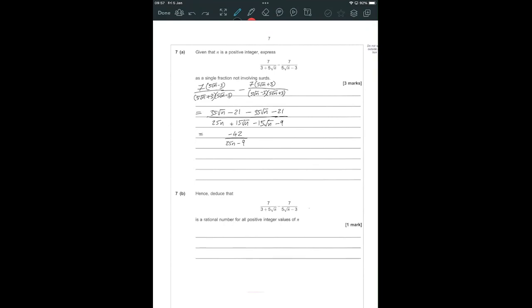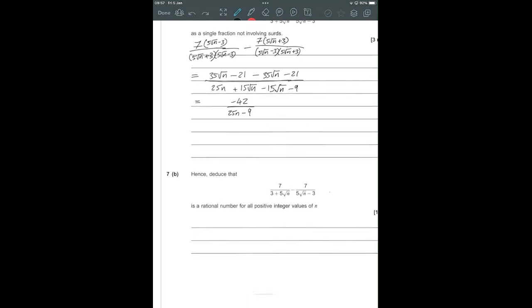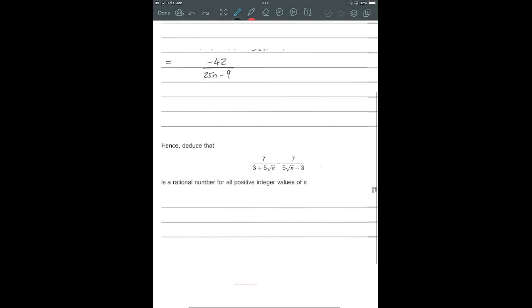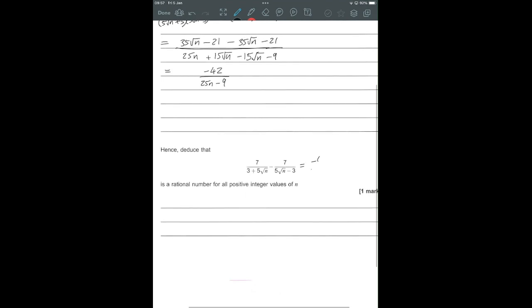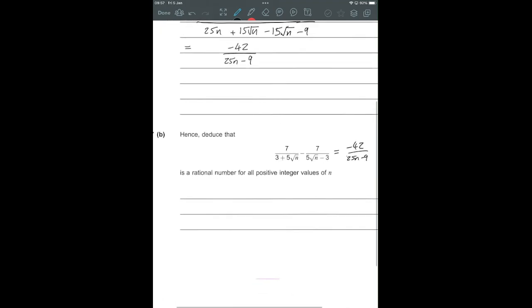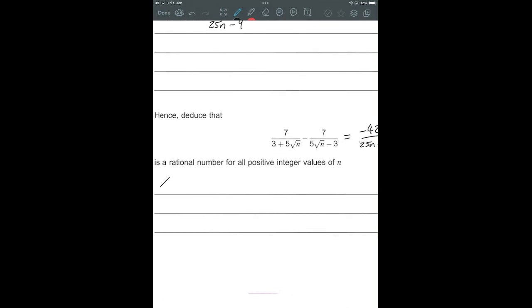Hence, deduce that that thing is rational for all positive values of n. Well, we've already got that this thing is equal to negative 42 over 25n minus 9, which is rational.